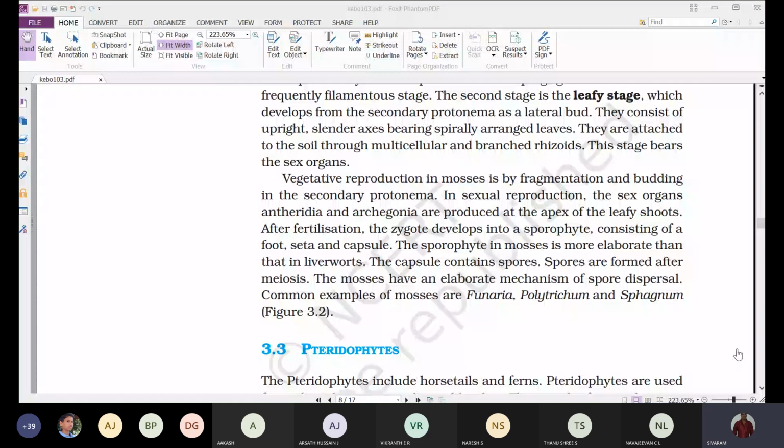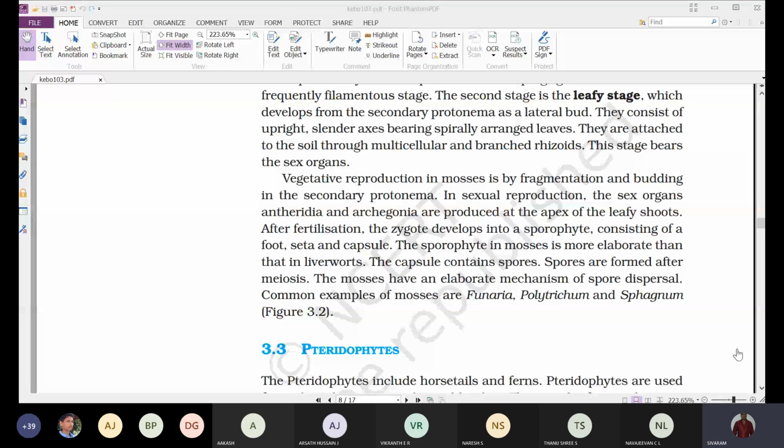Okay, so some common examples of mosses are Funaria, Polytrichum, and Sphagnum.